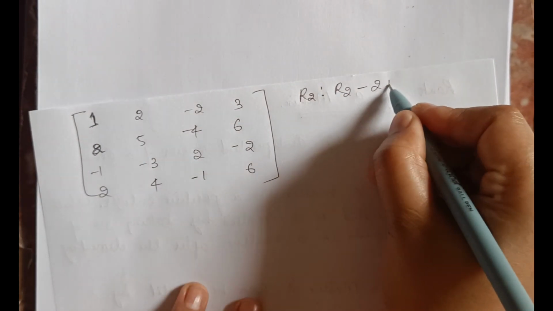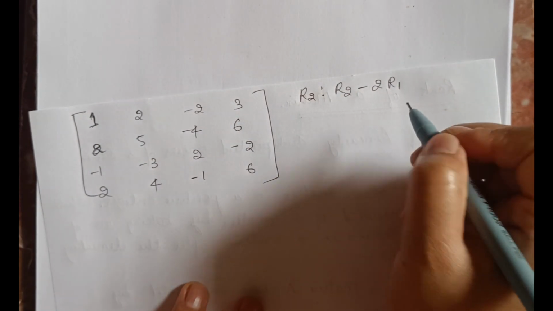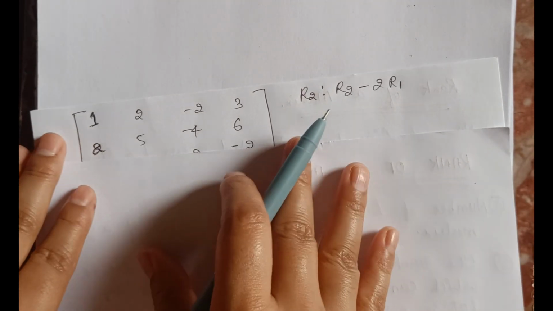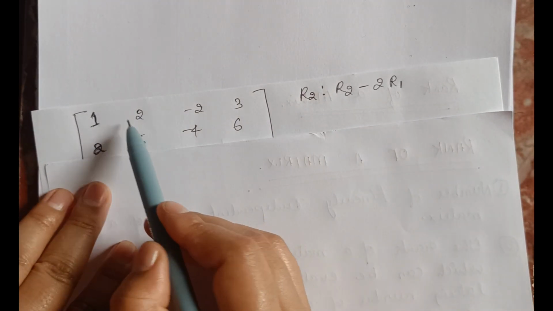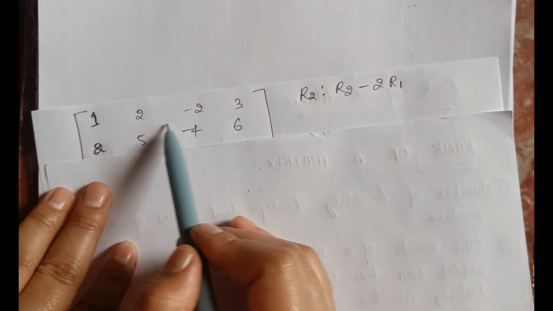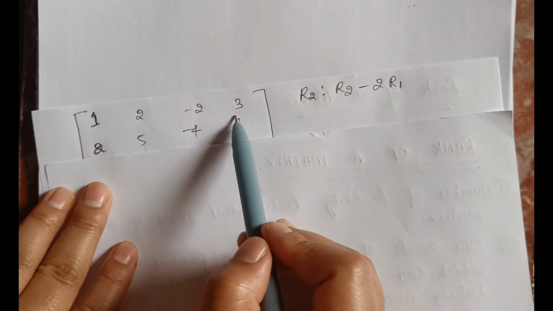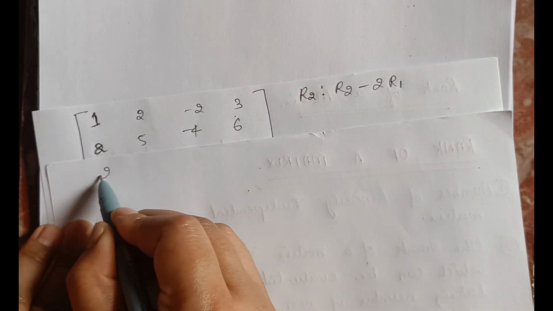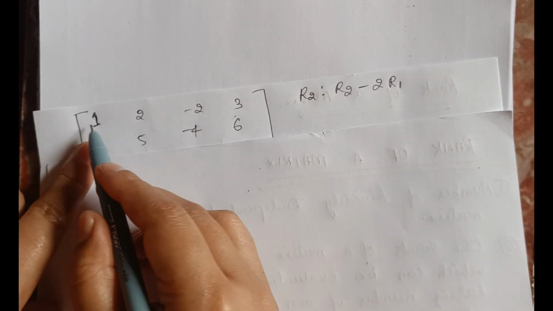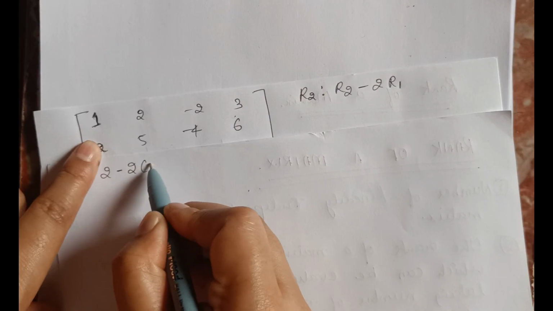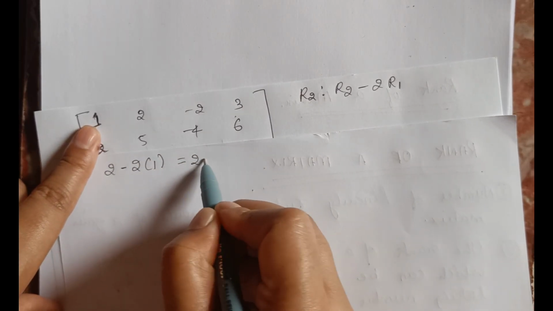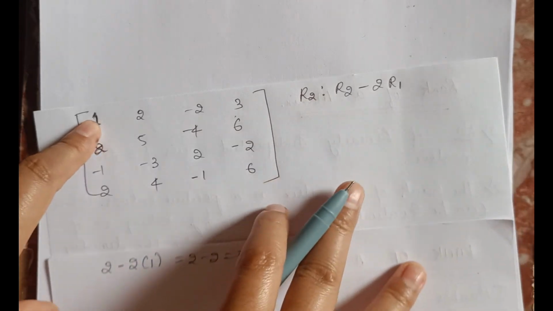These two rows only are involved in this. Row 2 I am changing, and with the help of row 1 I multiply. This is row 2: 2 minus 2r1. 2 into r1 is 1, so 2 minus 2 equals 0.